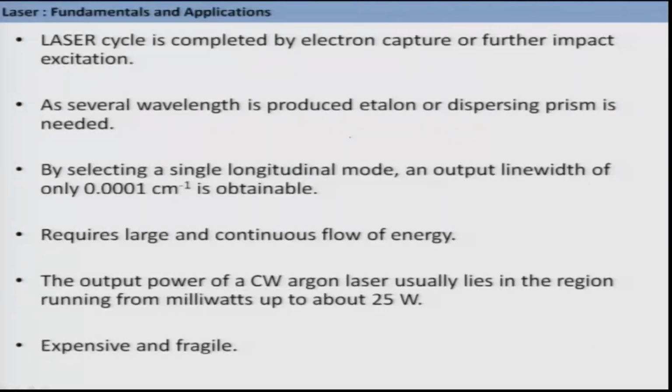A few important things about this argon ion laser. This laser cycle is completed by electron capture or further impact excitation. Also, the several different wavelengths produced can be separated by an etalon. We mentioned in one of the earlier classes what an etalon is.